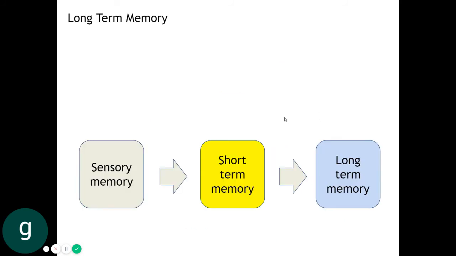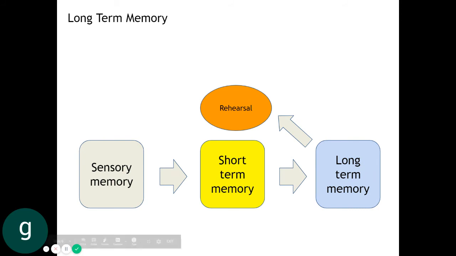So long-term memory has an unlimited capacity and holds information for quite a long period of time. Information must be well encoded in order to avoid the eventual decay process.